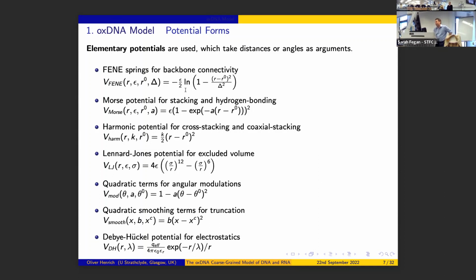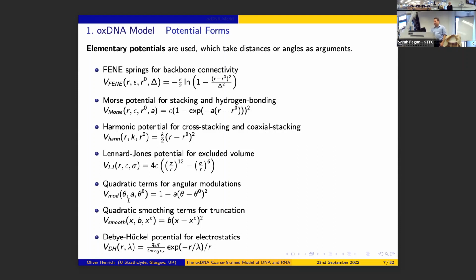Then you've got a Morse potential that is used in stacking and hydrogen bonding. Harmonic potentials in cross-stacking and coaxial stacking. Then a Lennard-Jones potential for excluded volume, so that you don't get crossing of strands; they repel each other.